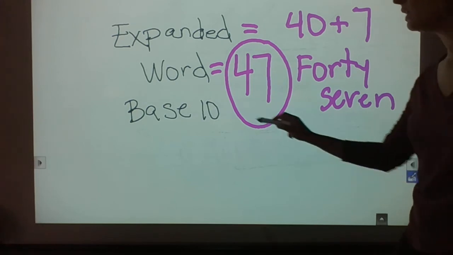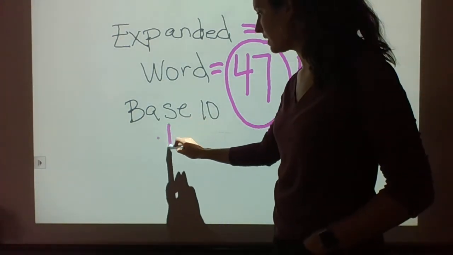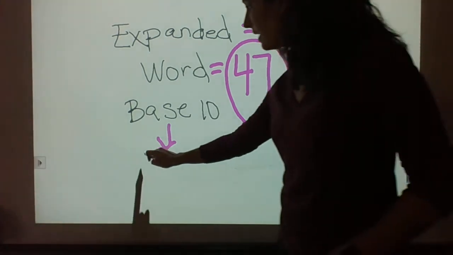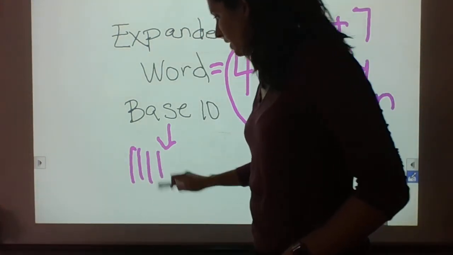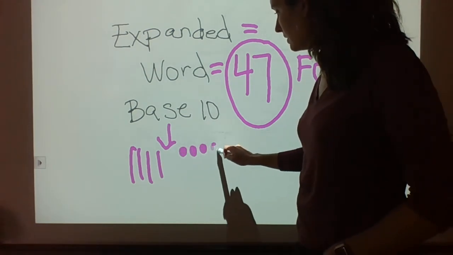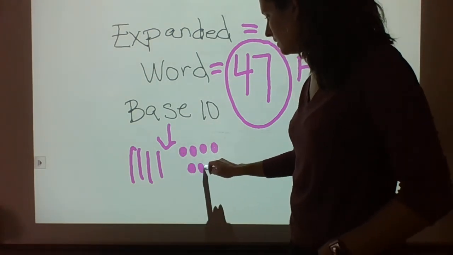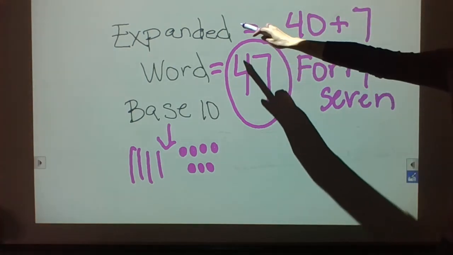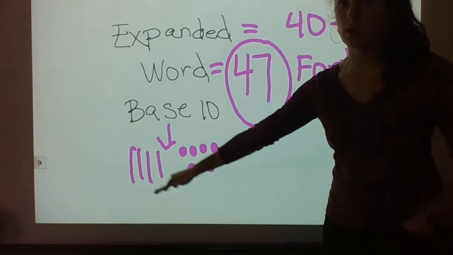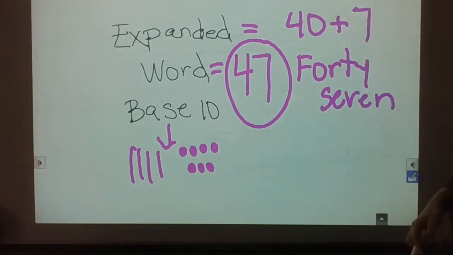And finally with base 10 form, I'm going to draw it down here. I would draw base 10 blocks. So I have 4 tens and 7 ones. I am modeling the number 47 three different ways: expanded form, word form, and base 10 form. That is just a review of those three definitions.